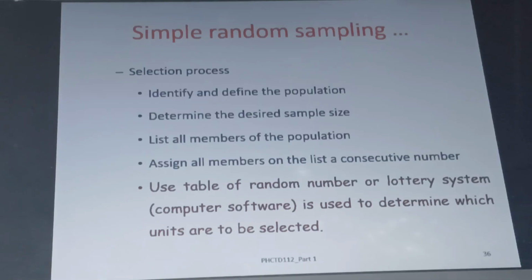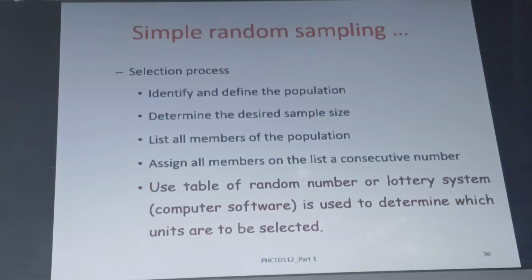I'm making use of Nigeria because I'm from Nigeria. So identify the population. I've been able to identify my population as women of reproductive age, and I've given them the definition. Women of reproductive age, whether they have fibroid or not, those are the people I'm interested in. Then determine the desired sample size.